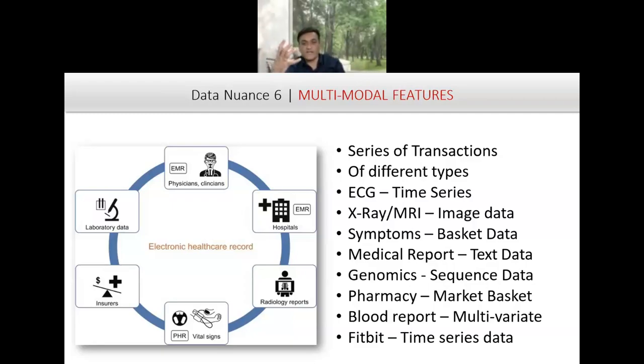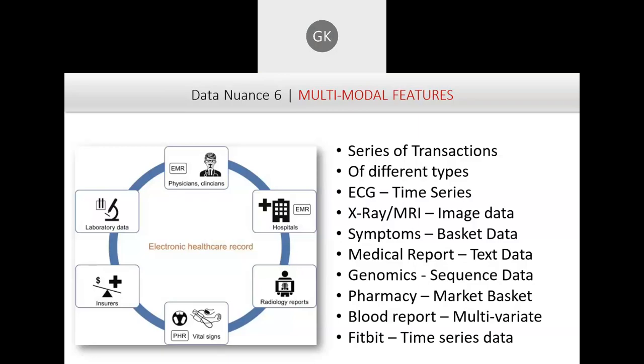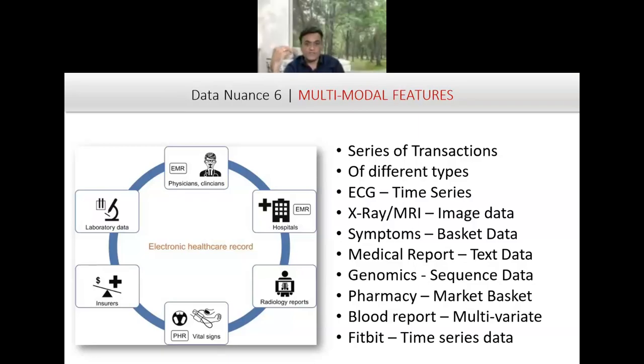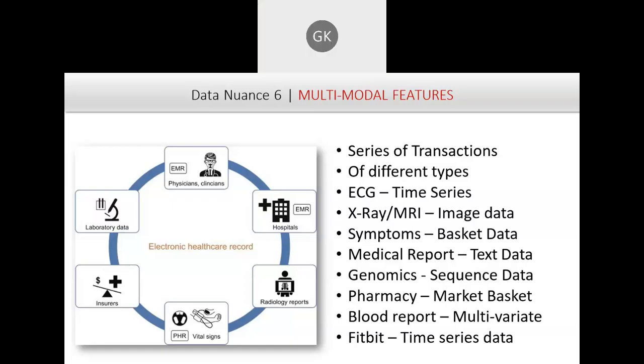Take an example of an electronic healthcare record of a patient, where there are physicians, clinicians, hospitals, radiography reports, radiology reports, vital sign reports, PHR values, insurance data, laboratory data. Many times when a patient goes to the hospital, there are series of transactions of different types. ECG data is basically time series data.